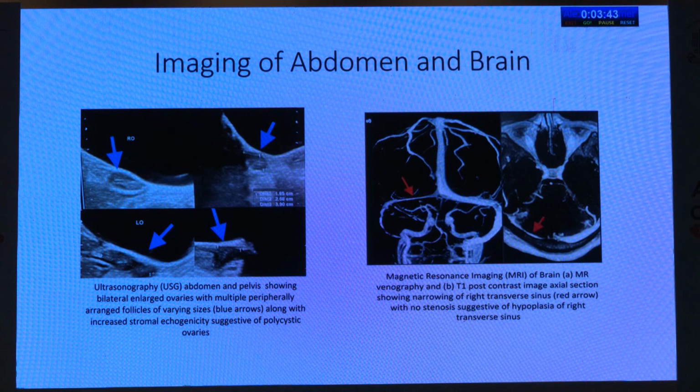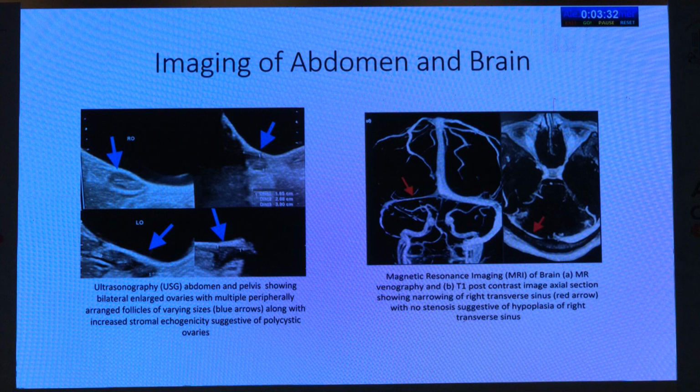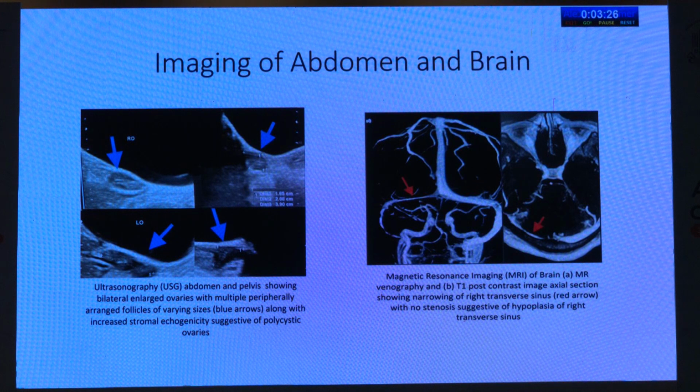Probing into her history, she said she had irregular menstruation. On abdominal CT, you can see that she had polycystic ovaries, and she came out to be a case of polycystic ovary syndrome, that is PCOS.